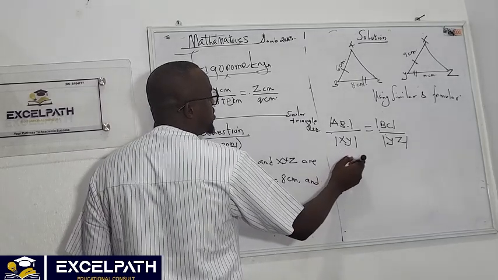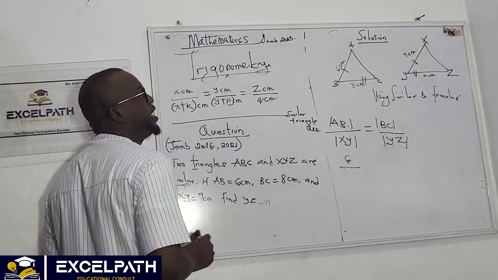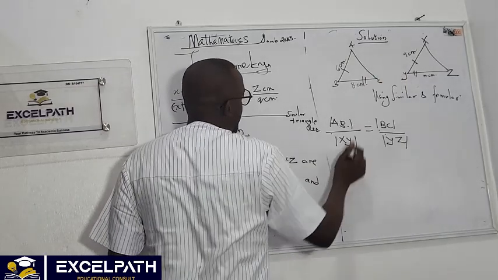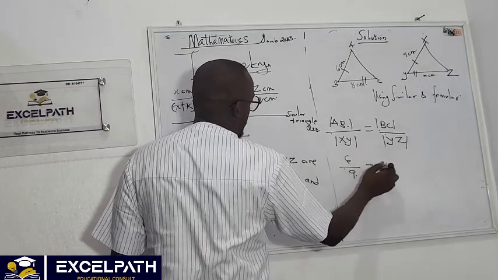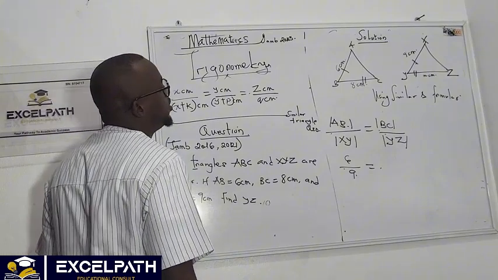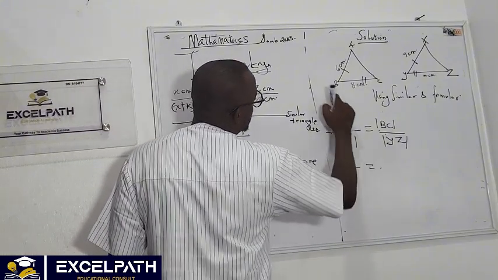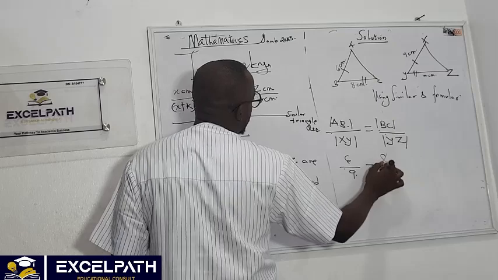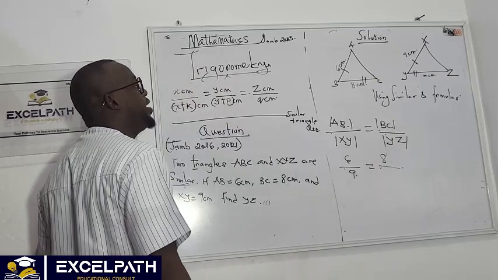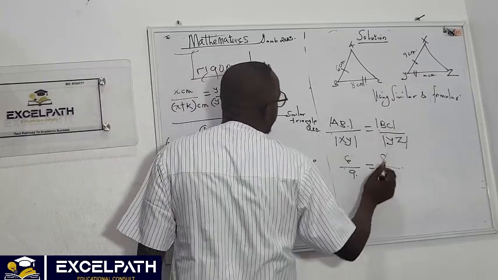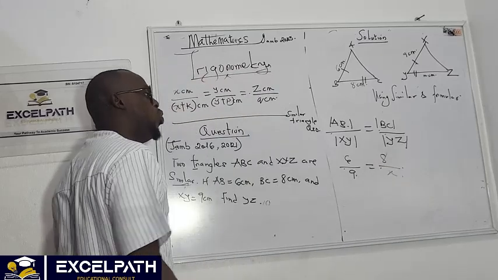Your line AB is 6, over your line XY, which is 9. Your line BC is 8, over your line YZ, which is x.